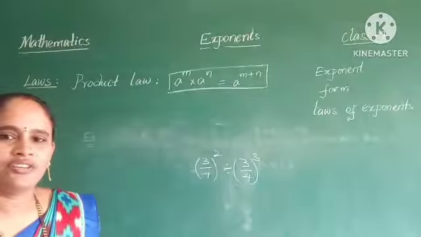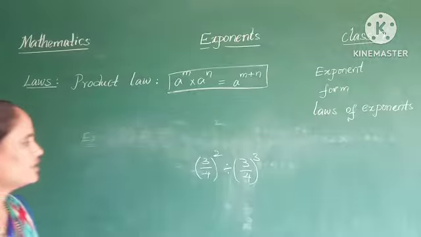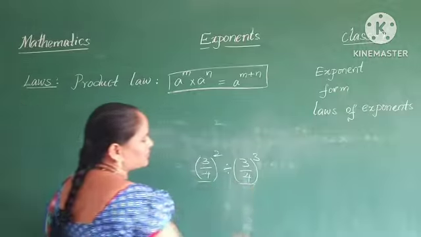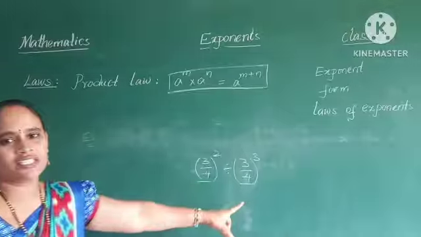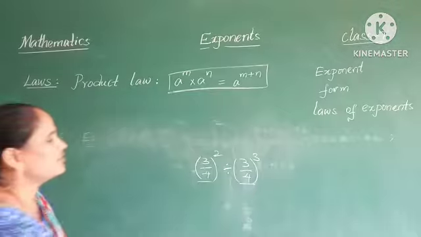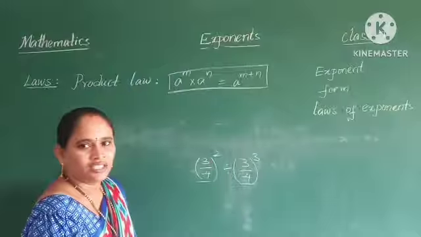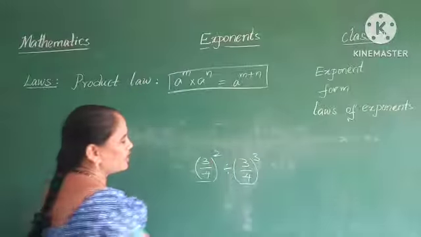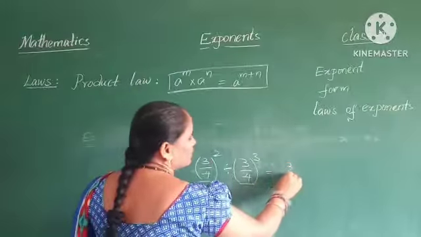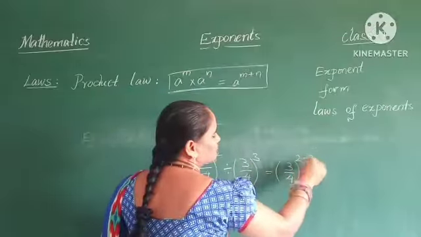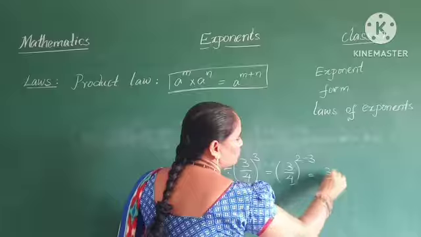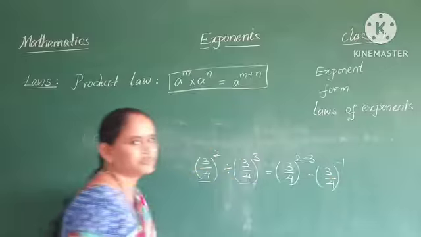Which operation are we doing here? Division. Here also the base is same, 3 by 4, 3 by 4. Whenever we are dividing the same base exponents, we have to subtract the powers. 3 by 4 base is common and 2 minus 3. It is 3 by 4 power minus 1.